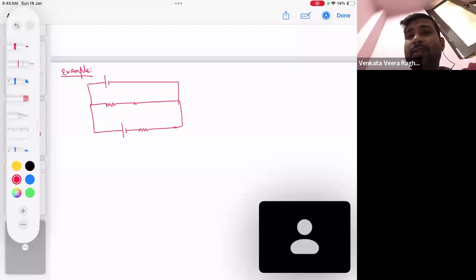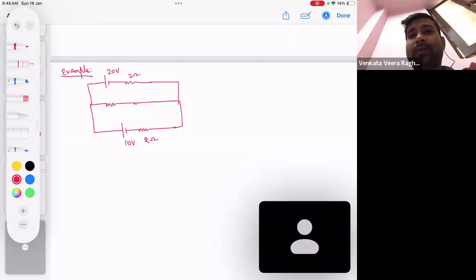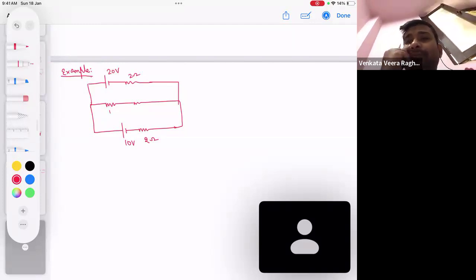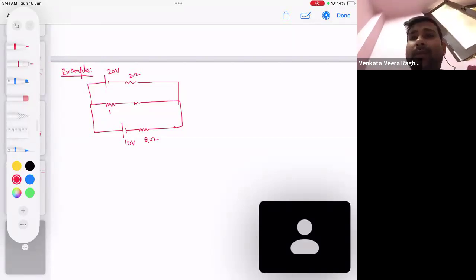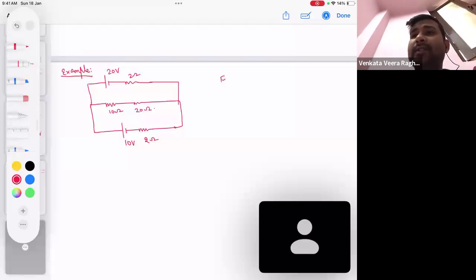This is given as 10 volt and this is given 2 ohm. And this is given as 20 volt. This is again 2 ohm. These two are the resistances given to us, 10 ohm and 20 ohm. Again, the same question is there. Find current in each branch.